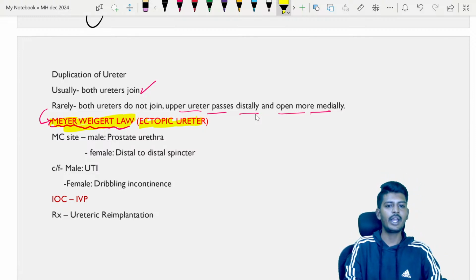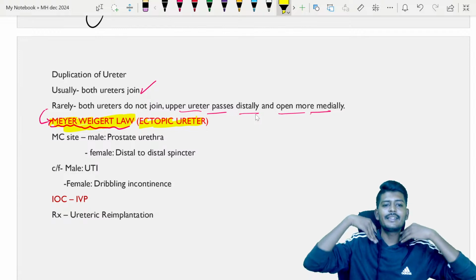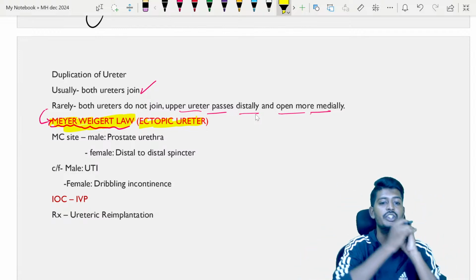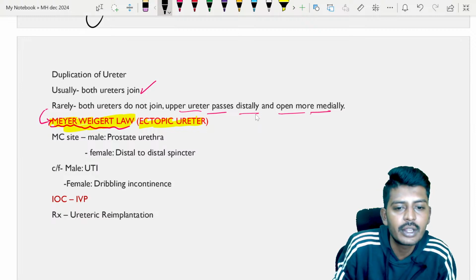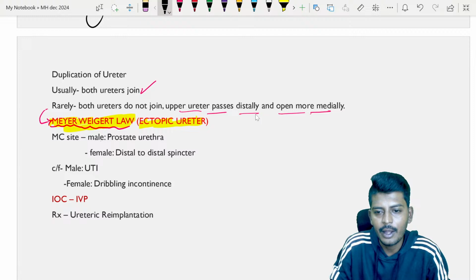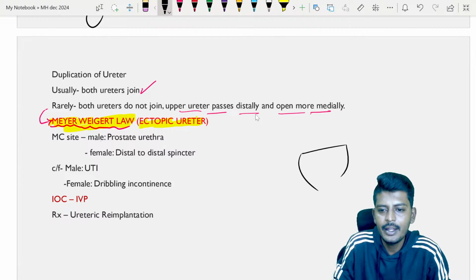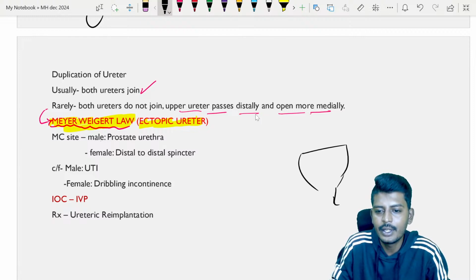That's it. So if there is an ectopic ureter, meaning an abnormal location, where will it go? It will go into the prostatic urethra. Normally, this is your bladder, this is your prostatic urethra, then there is your membranous urethra.